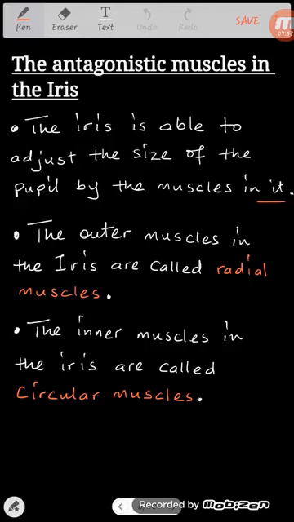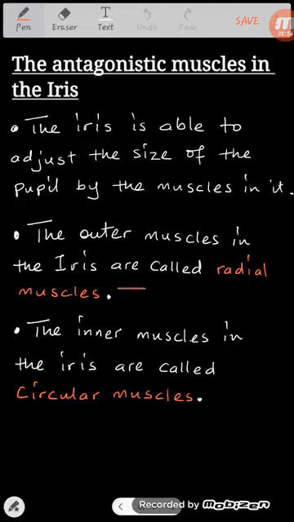So you will find that in the iris, there are outer muscles. The outer muscles in the iris are called radial muscles. Then the inner muscles in the iris are called saccular muscles. So you will find that in the iris there are two types of muscles, the radial muscles and the saccular muscles.